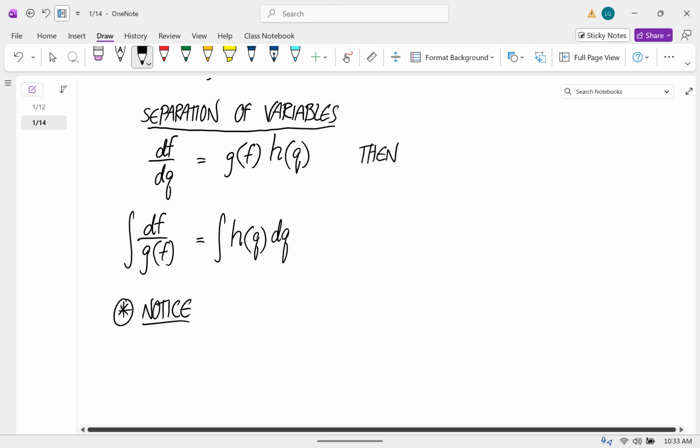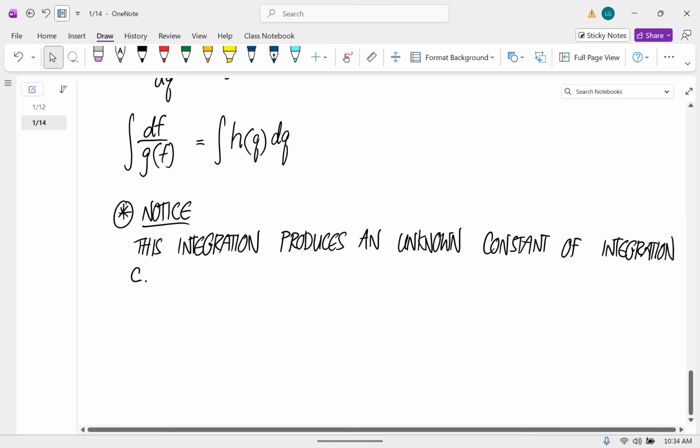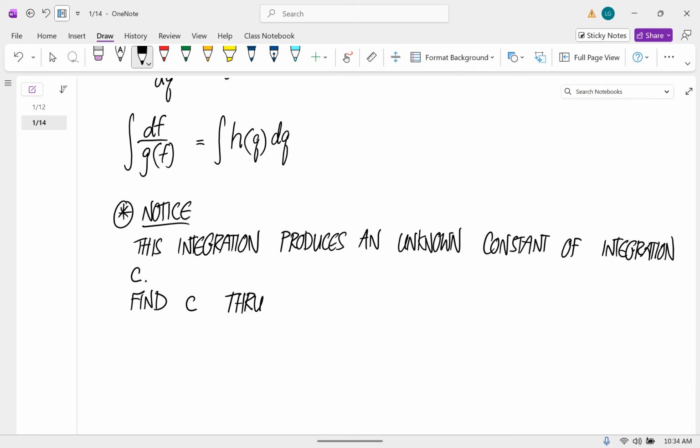But since they're both arbitrary, you can just add them together and call it a single C. So this integration produces an unknown constant of integration C, and we're going to find C through boundary conditions.